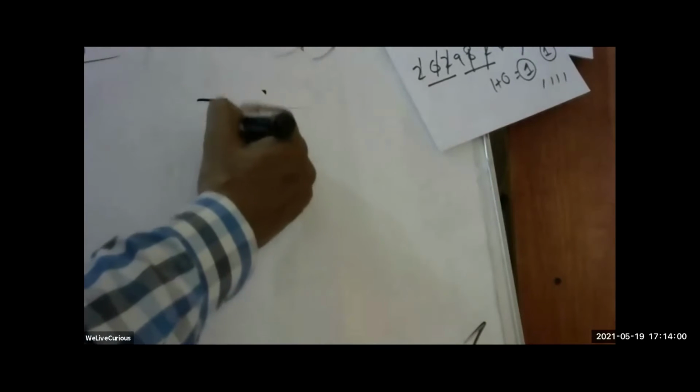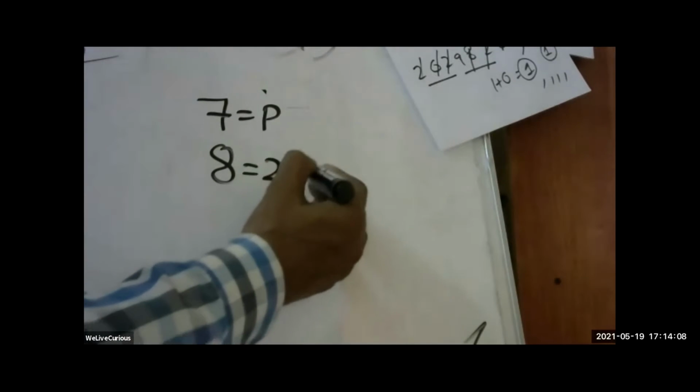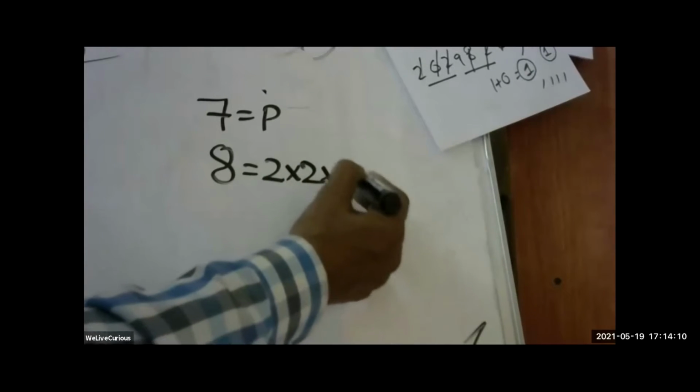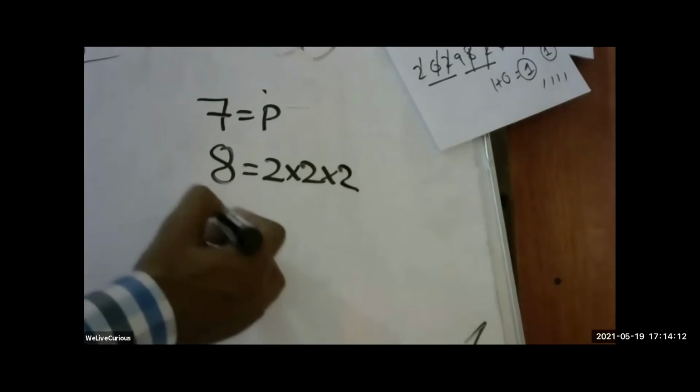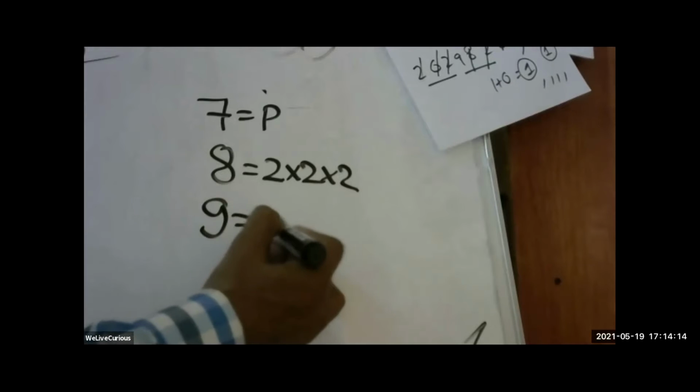We will do all the numbers. Now we will say 7. 7 is a prime itself. So we write 7. It is a prime. Okay, that is fine. But what about 8? 8 can be written as 2 multiply 2 multiply 2. Now can we write 9?